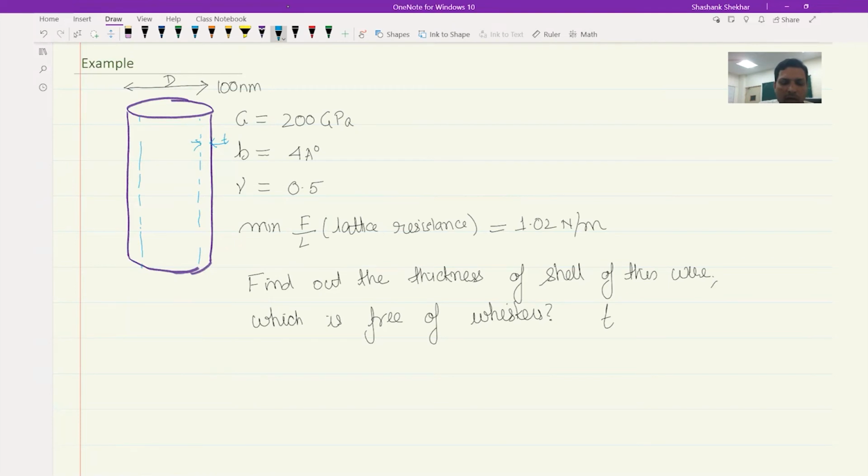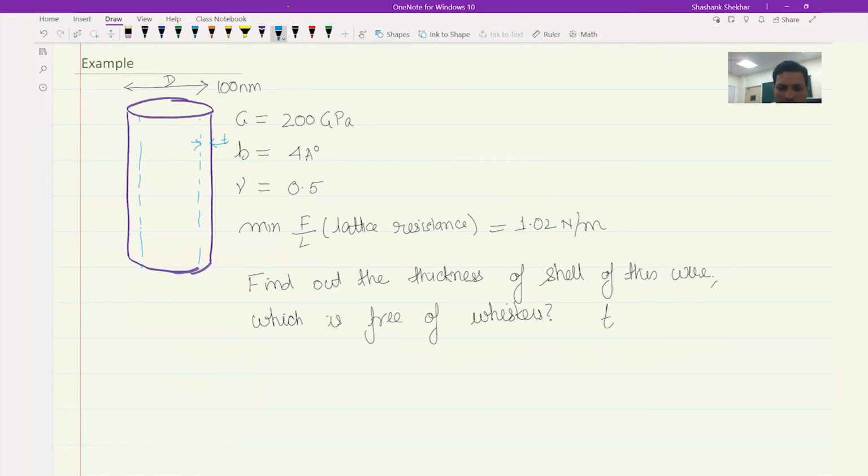So this is given, the material happens to be copper, as you can see from the values, and a rod or wire of 100 nanometer thickness is given to you. And it is also known what the lattice resistance is, which is 1.02 Newton per meter. Now with this value, you have to find out up to what thickness it will be dislocation free.